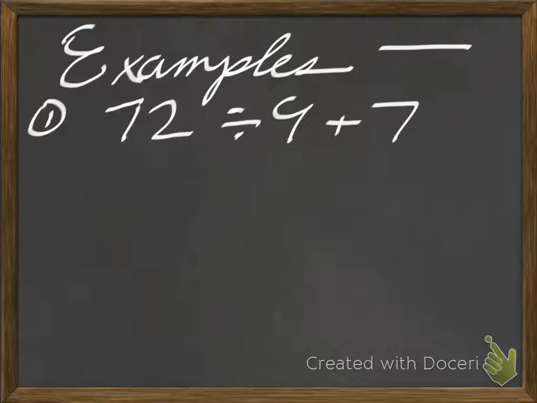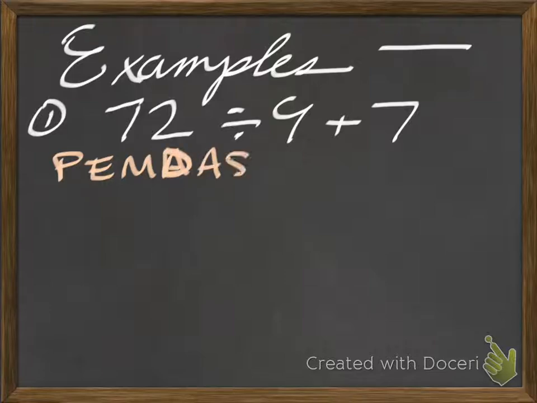So let's do some examples. Here I have an expression, 72 divided by 9 plus 7. I need to follow through my pandas eat McDonald's and Sonic. Alright, do I have any parentheses to deal with here? I don't.